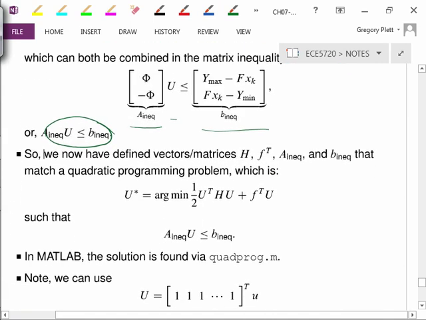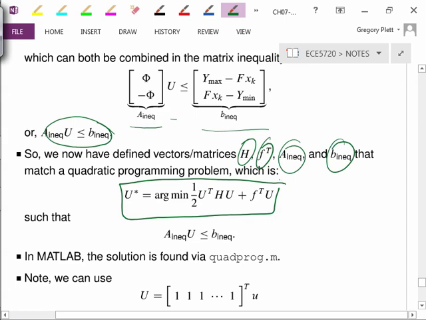So at this point, we've defined the matrix H and F and A inequality and B inequality such that we have a quadratic programming problem, which is a special kind of nonlinear programming that has a simpler solution where I can find U star that optimizes 1/2 U transpose HU plus F transpose U such that these inequality constraints are met, and MATLAB has a built-in quadprog.m, quadratic programming, routine in the optimization toolbox that allows us to find solutions to this kind of a problem.